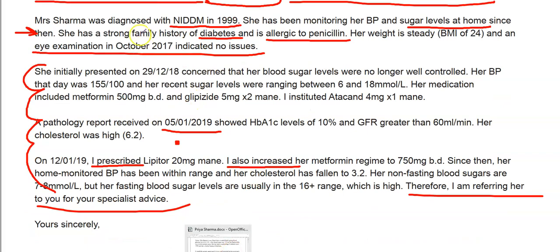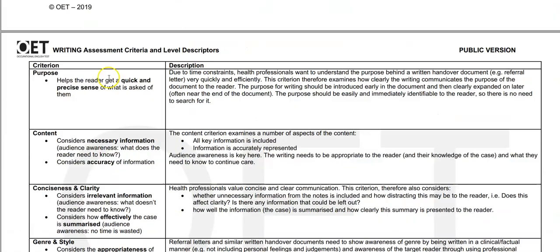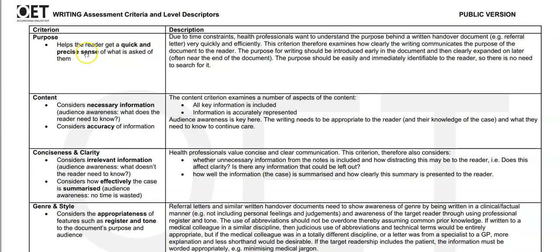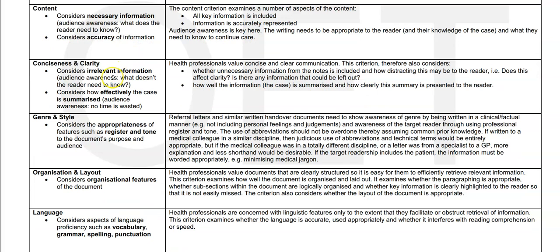That would be quite direct, clear and to the point. Immediately apparent, quick and precise. If we look at this, it is quickly, efficiently, easily, immediately identifiable. Then we've got accuracy: what does the audience need? Irrelevant information that could be omitted, how well the case is summarized.